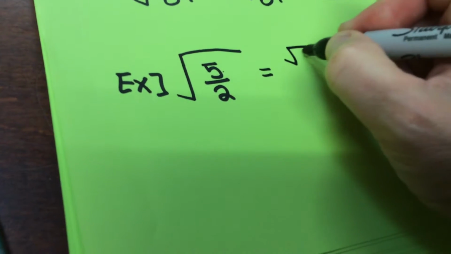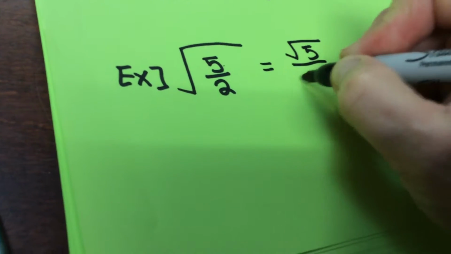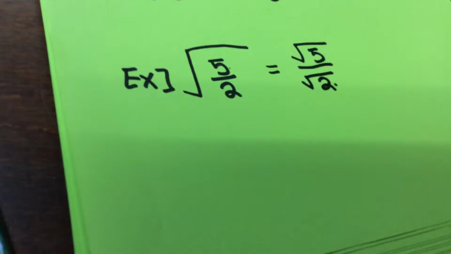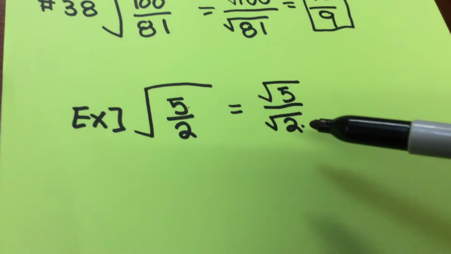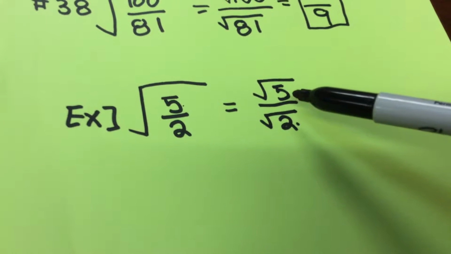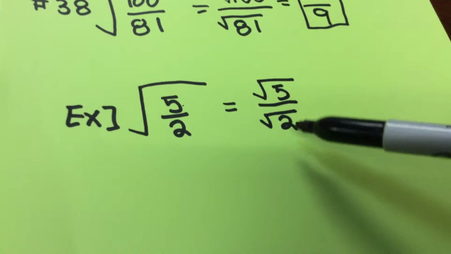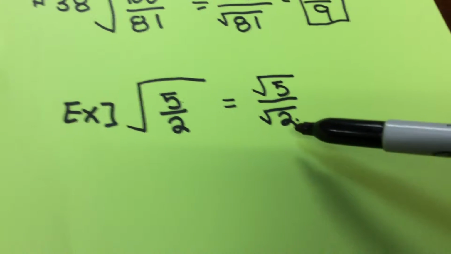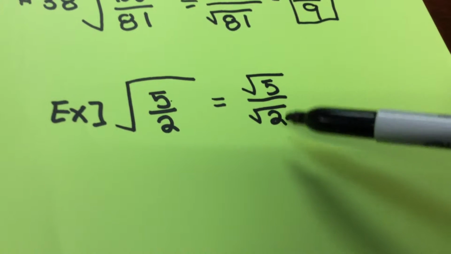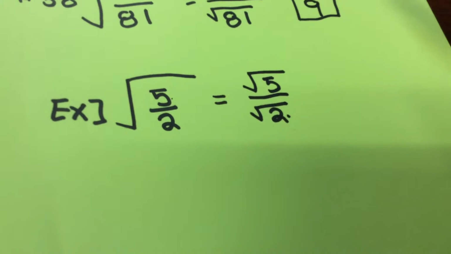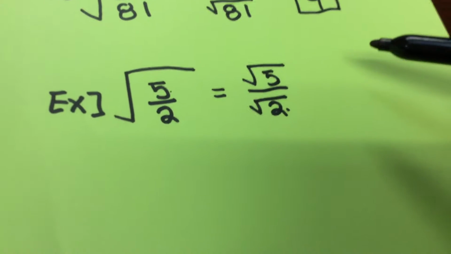So we can use the quotient property to say, well, it's the square root of 5 divided by the square root of 2. And when we did multiplication, we said that an expression was simplified when there were prime factors underneath the radical sign. So you would say, hey, Miss Harris, we are done because 5 is prime and 2 is prime. Finished. This is my simplified answer.